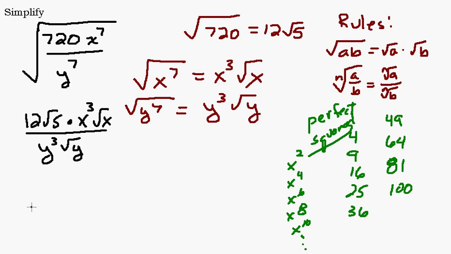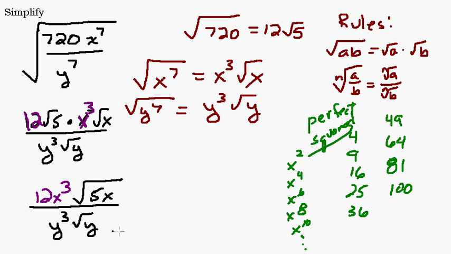Now we can simplify the numerator by multiplying the numbers that are outside the square root together, the 12 and the x to the 3rd. So I'll put that out in front, 12 x to the 3rd. And then we can multiply the square root 5 times square root x and just put those together back underneath the square root like that. And then we still have y to the 3rd square root y on the bottom.